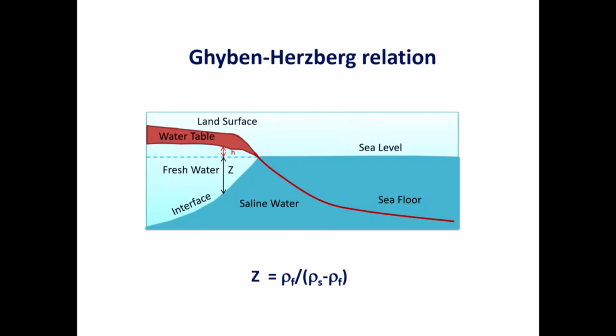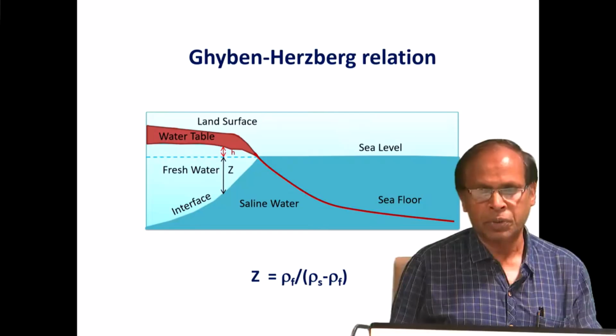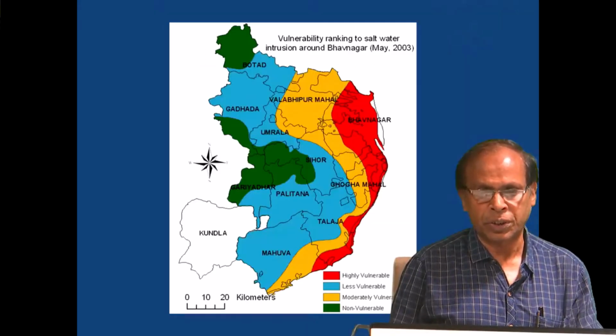That will give a relationship that z is equal to 40 times small h. So this is the relationship. Once the ratio is disturbed, then saline water will ingress into the system.